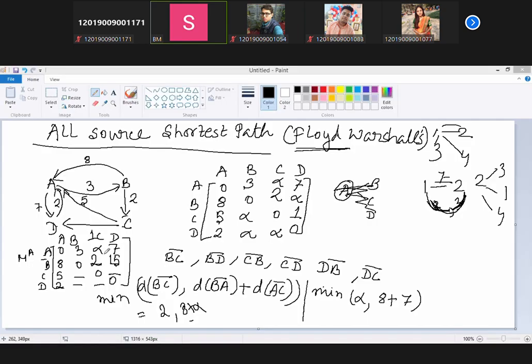Calculate this. Once MA is complete, the next step is MB. For B, you copy the B column and B row from the MA matrix and repeat the same thing, that is, calculate the rest of the positions by taking all the paths via B. Once you complete MA, I will write that and then you go for MB.